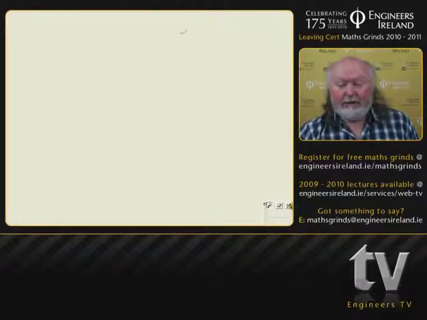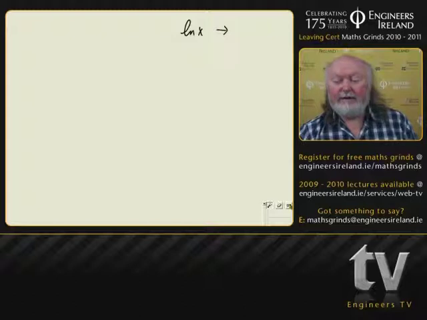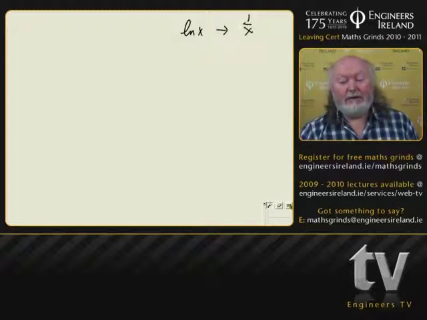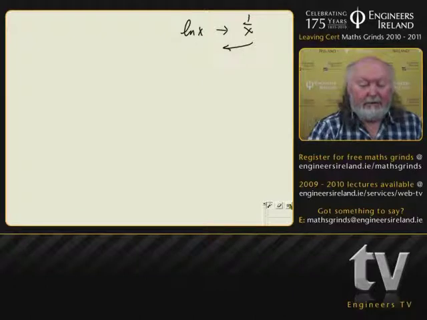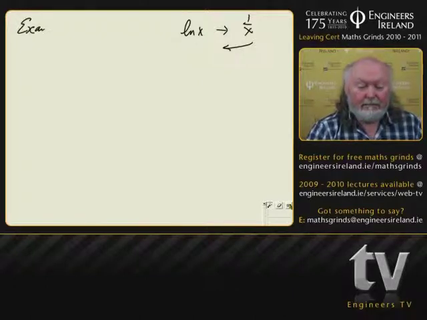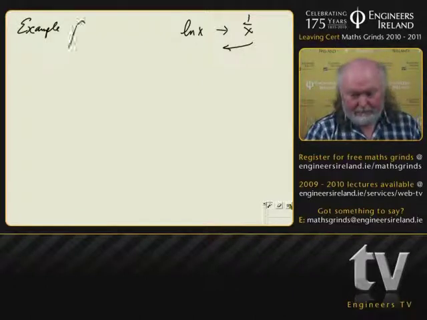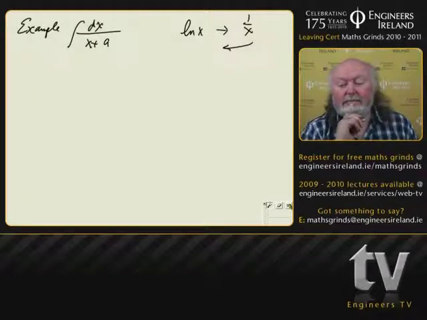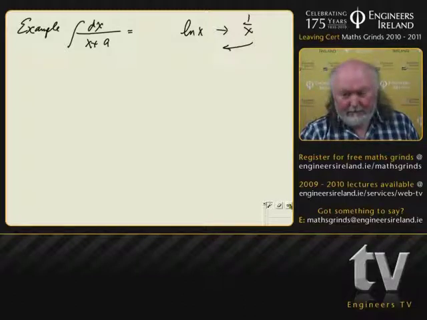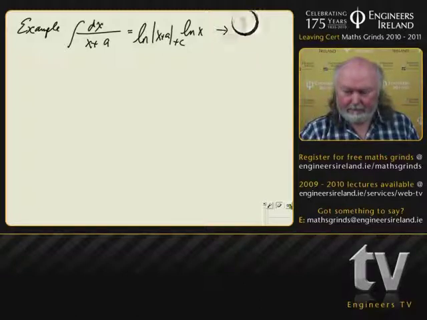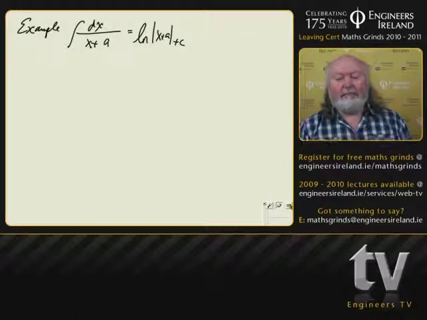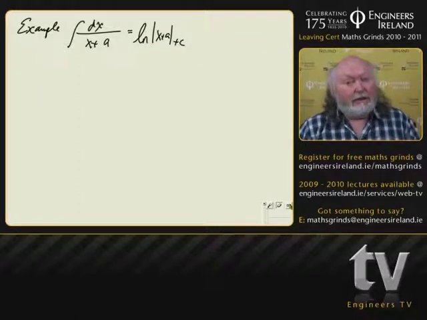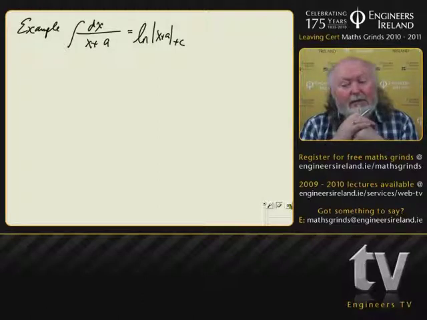Remember from differentiation that if we differentiated log x, you get 1 over x. That means we have to be careful on the way back. For example, it has to be a log, simply because differentiating log gives you a 1 over x.